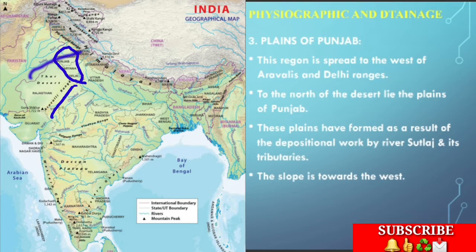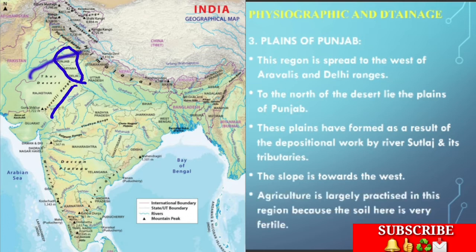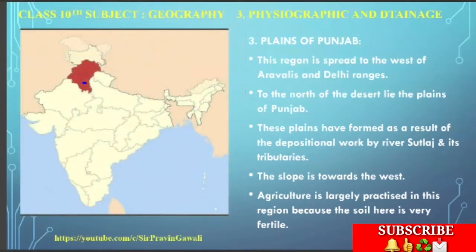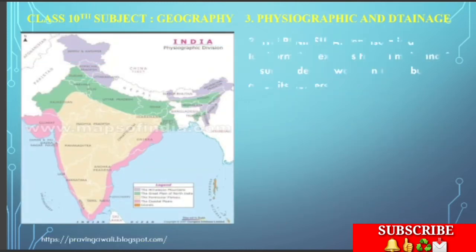The slope is towards the west. Agriculture is largely practiced in this region because the soil here is fertile. Students, here the soil is fertile because this soil is formed because of the depositional works of the river, that is Satluj and its tributaries.